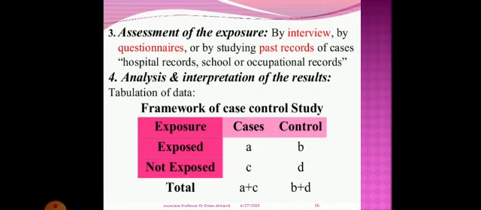And C is the cases, individuals who have the disease, but have no history of smoking, for example. And D is the control who don't have exposure. So it is important to know these four letters and what term each letter denotes.